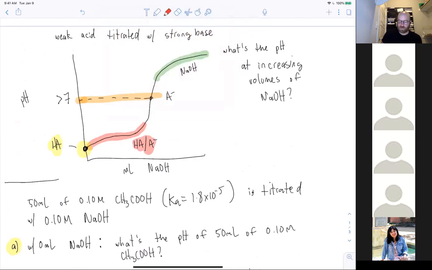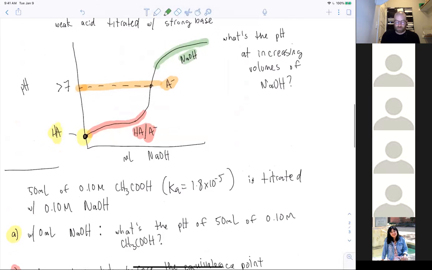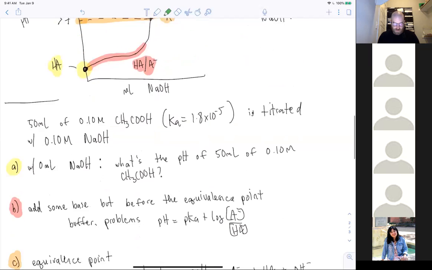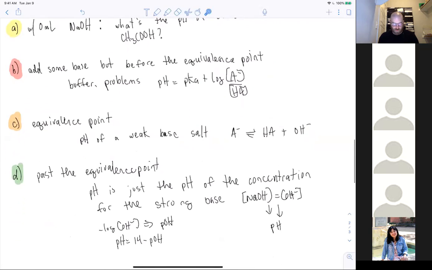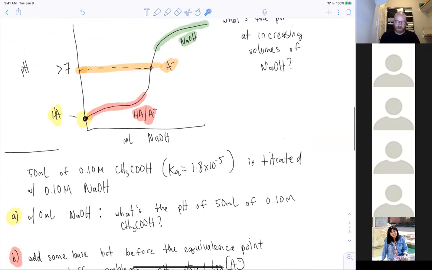There are two different ways to look at this. One is, if you just want to get good at solving the problems, you can develop some sort of workflow around this idea here: which part of the titration curve do I want to use which problem solving method? But once you get that down, you can go back and understand why that's true.